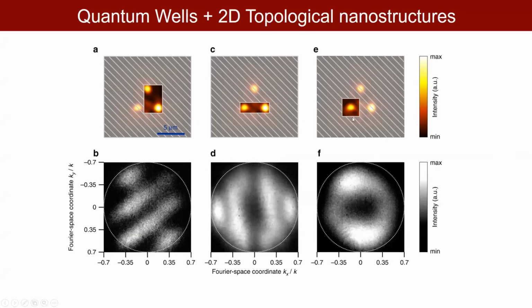And when we isolate a single spot, we observe that the emission pattern is non-trivial. It hosts a singularity in between, which is a signature of emission from a valley Hall state.